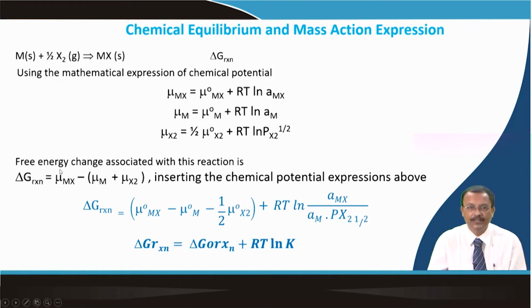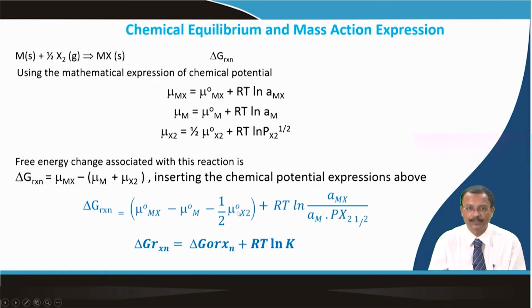Then the free energy associated with this reaction is nothing but the chemical potential of the product minus that of the reactants. If you insert the chemical potential expressions here, you will get this relation. This is for the product and these are the reactants.